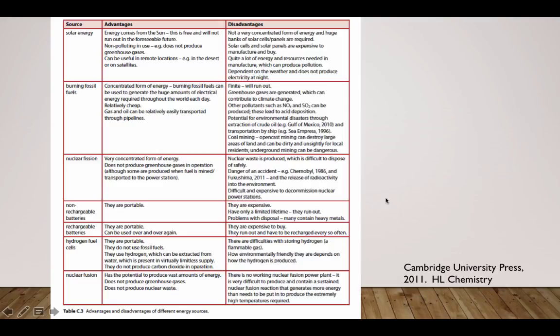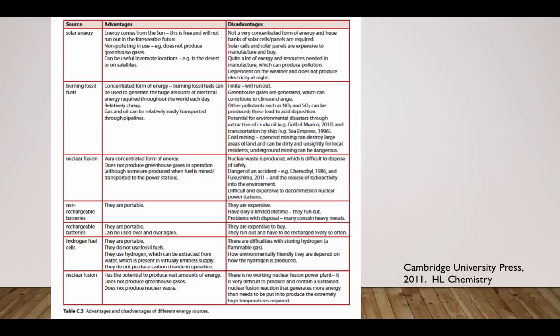Here's a table just talking about several sources, both renewable and non-renewable, some of the advantages and some of the disadvantages. You should be familiar with these. I'm not going to read them because it's right there in a table. Okay, so pause, take some notes, and we'll start with the next topic, which will be fossil fuels.